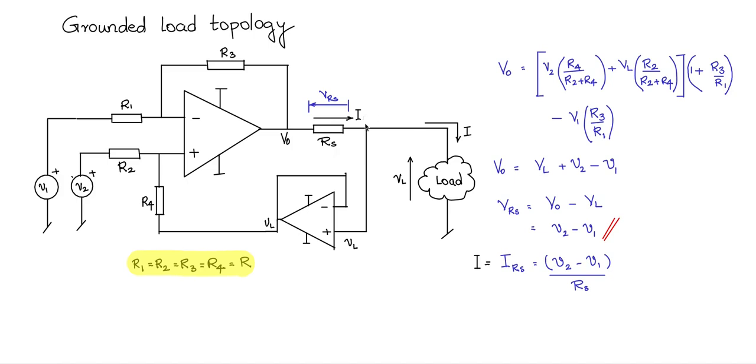So 4 milliamps to 20 milliamps can be obtained from V2, which can vary from 0 to some maximum value. According to that maximum value, you can tune the other resistors R in such a way that you get 20 milliamps as the max value. So 4 to 20 milliamp is possible even in this topology.